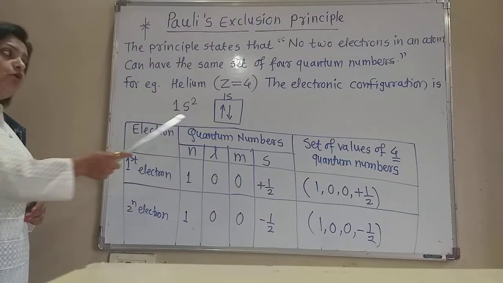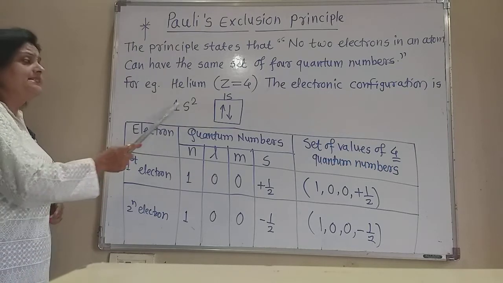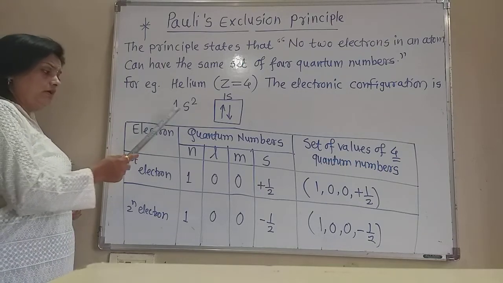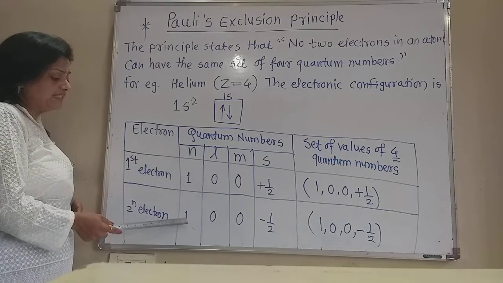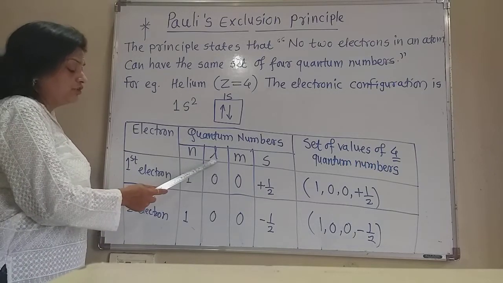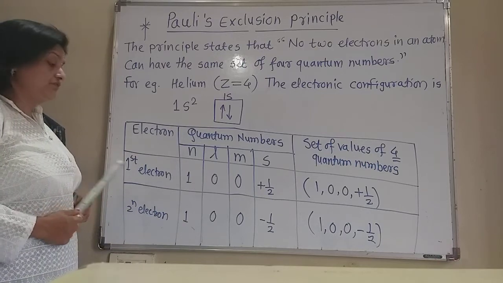Now about the second electron. The second electron is also in the 1s orbital, so the principal quantum number is 1. The azimuthal quantum number is 0 here also, as n minus 1 is equal to 0.